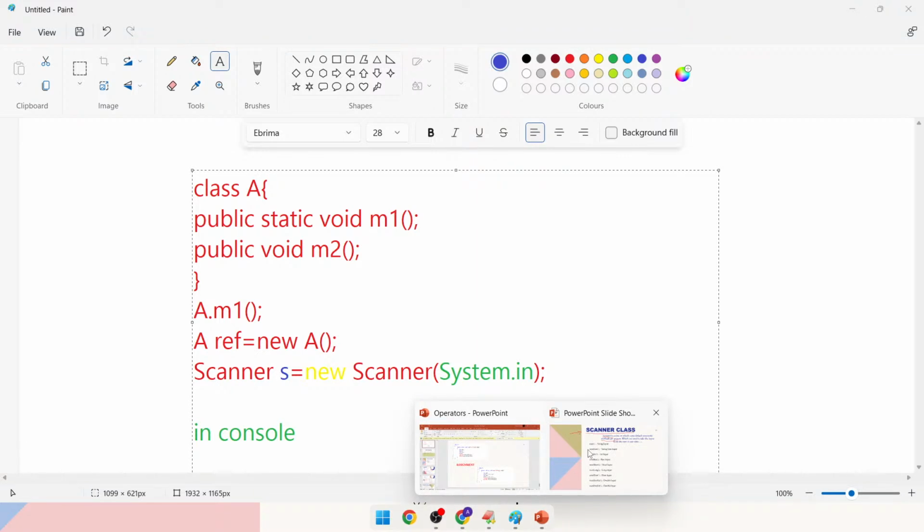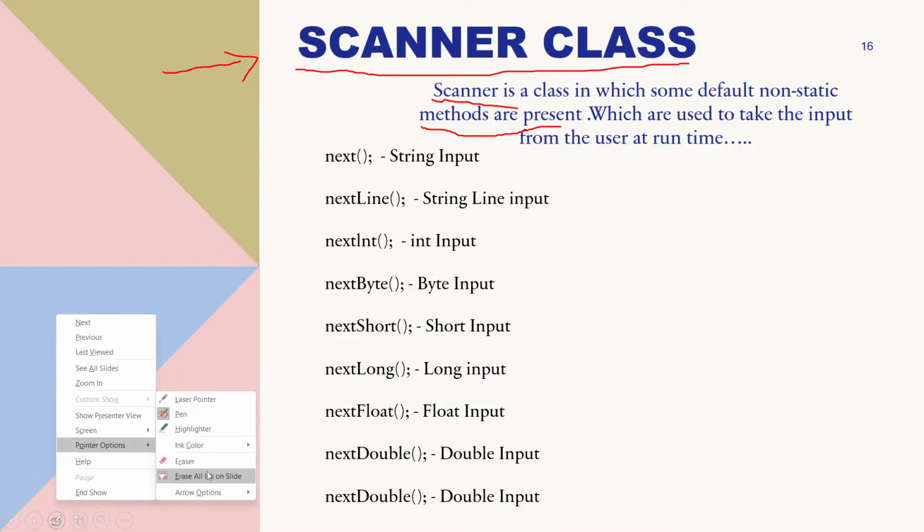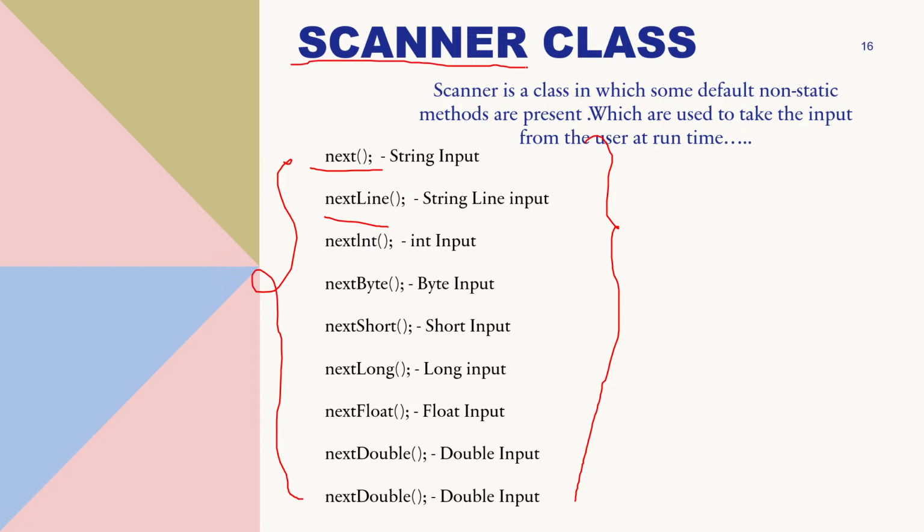And let me explain, guys. These are the methods present in the scanner class, guys. You can check here. Sir, what are the default methods? Next method, nextLine method. These are the predefined methods, guys, which are available in the scanner class. By using the scanner class reference, we can call these methods, guys. These are all non-static methods.